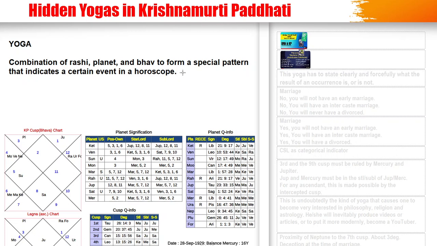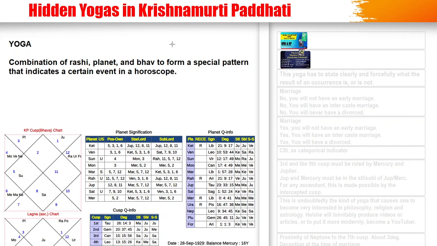Krishnamurti framework. Now, one of the most important things that I notice while delving into the scope of yogas in Krishnamurti Paddhati is the use of the bhav. This, I would say, is a very integral part of any yoga within Krishnamurti Paddhati.